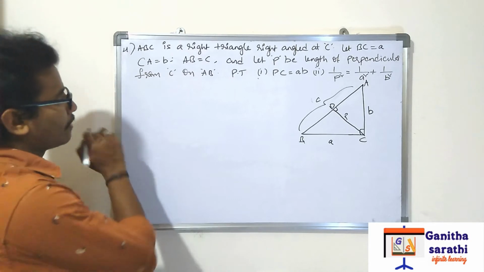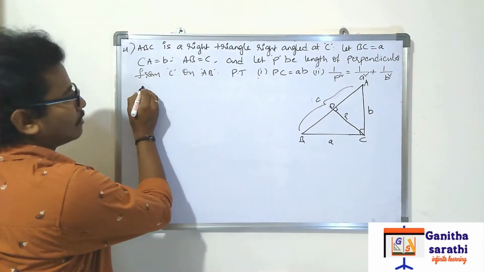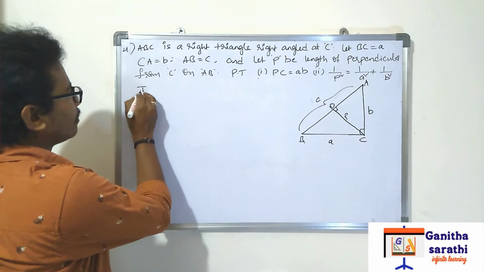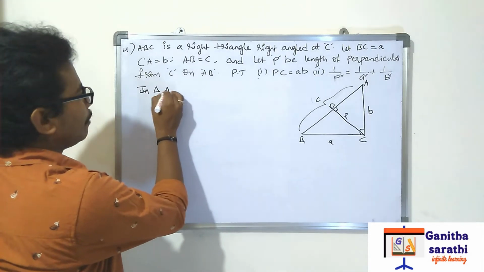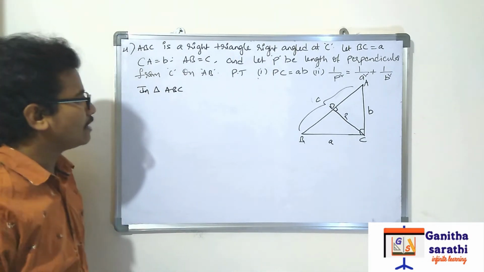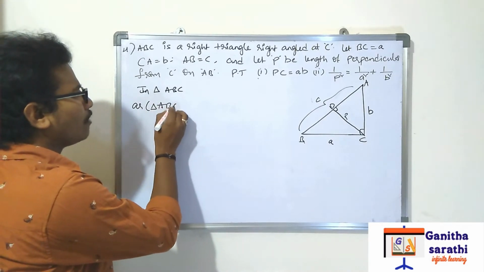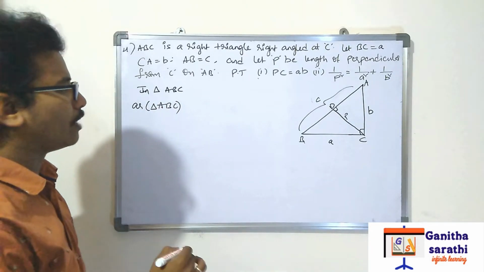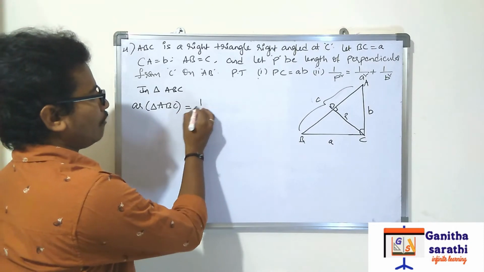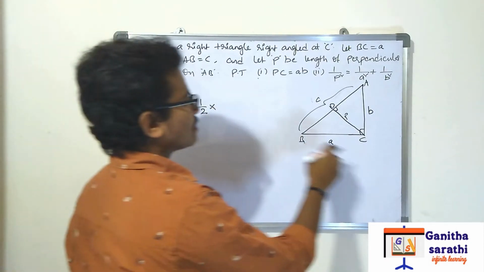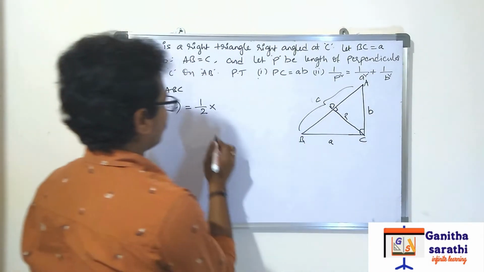Now listen. First I am taking the triangle. In triangle ABC, what is the area of the triangle formula? Area of a triangle is half into base into height. Now, I am taking BC as the base first.